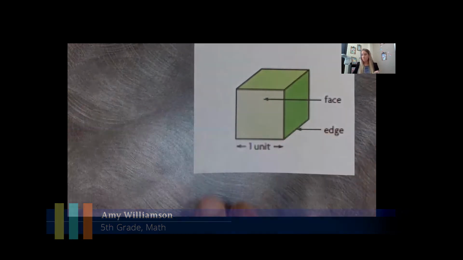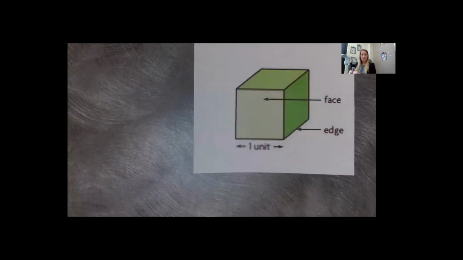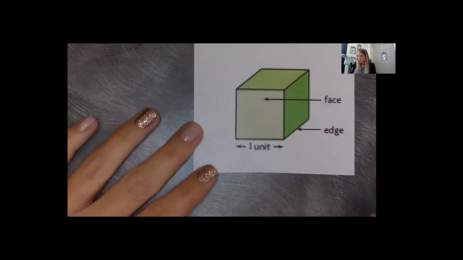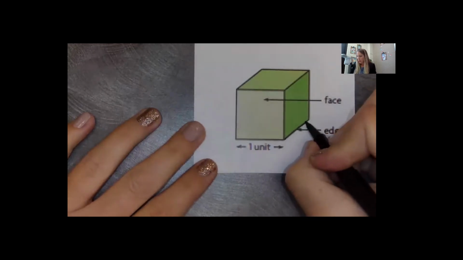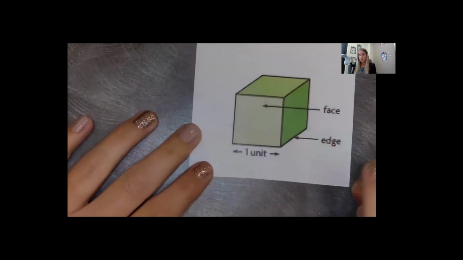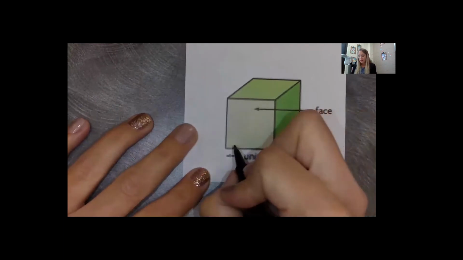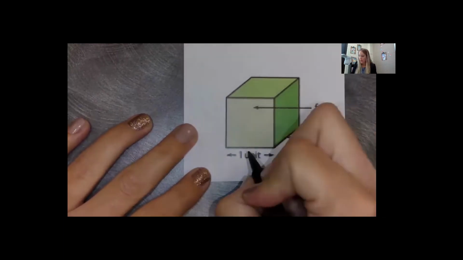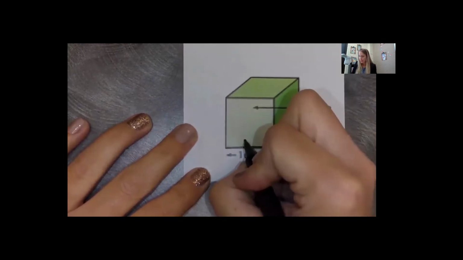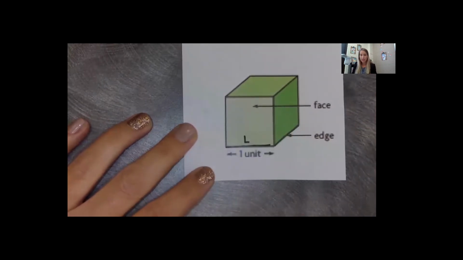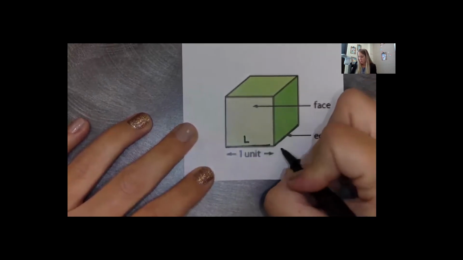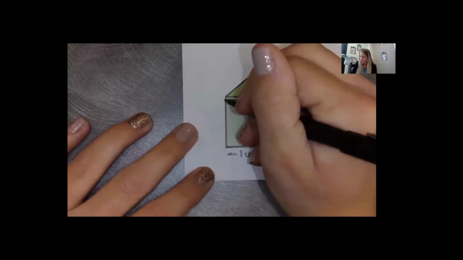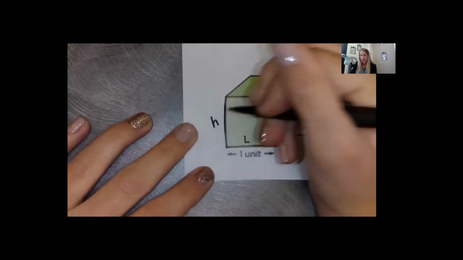Look here at this diagram. This is a unit cube. Here is what we discussed about our edge. Here's what we discussed about the face. Now, this unit cube has a length, a width, and a height.